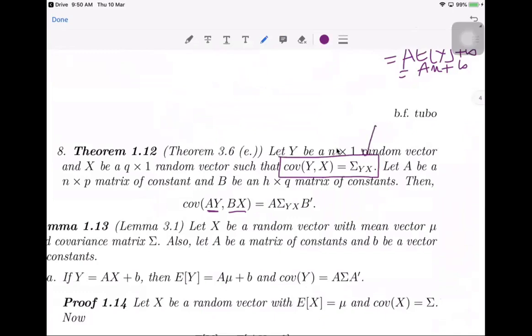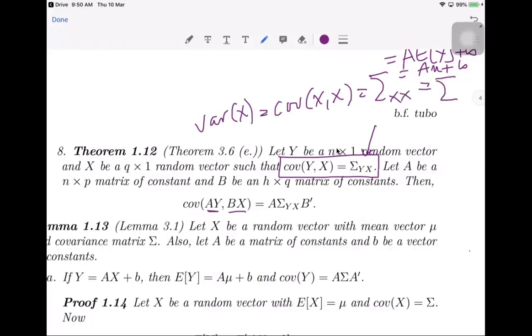Let us denote it by sigma yx. So the covariance of xx, or just the variance of x, is denoted by sigma. It can be xx or just simply sigma, no? So those are the previous notations.